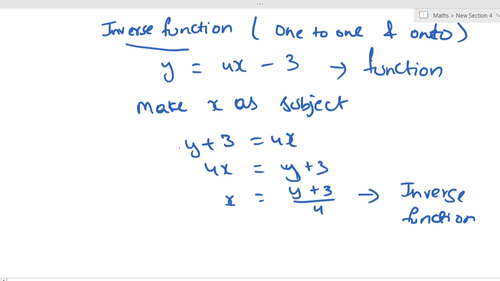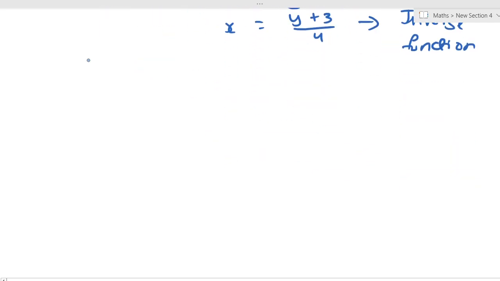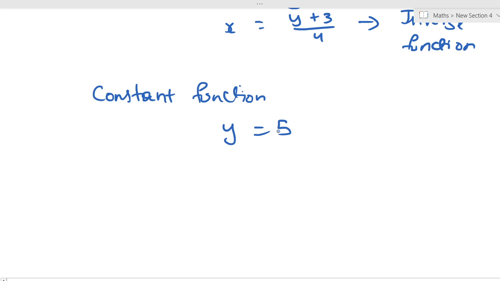And also there's something called a constant function. So a constant function is, for example, f of x is equal to 5.